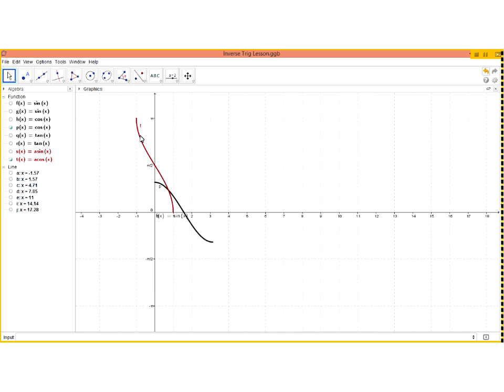Here my graph is contained entirely in the upper half plane. So there's the point -1, pi, 0, pi over 2, and 1, 0. Okay, so there's inverse cosine.